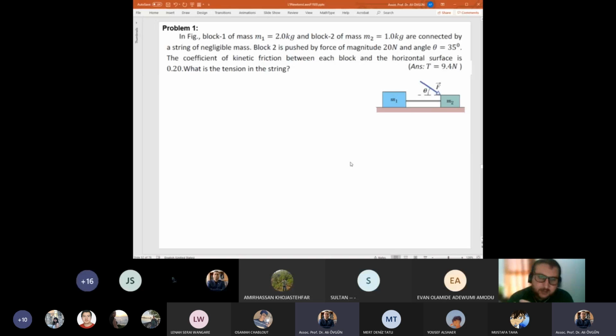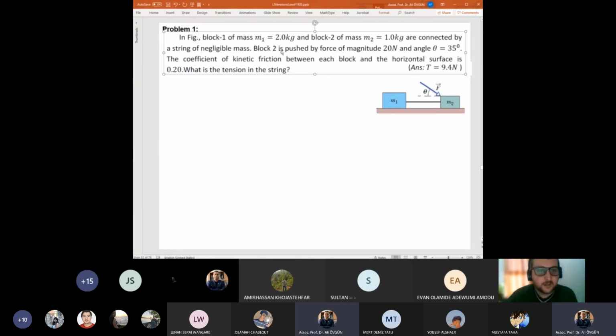M1 is 2 kilogram and block of mass M2 is 1 kilogram, connected by a string of negligible mass. Block 2 is pushed by a force of magnitude 20 Newton and angle theta 35 degree. The coefficient of kinetic friction between each block and the horizontal surface is 0.2. So what is the tension in this string? Let's look at this example and try to solve it.